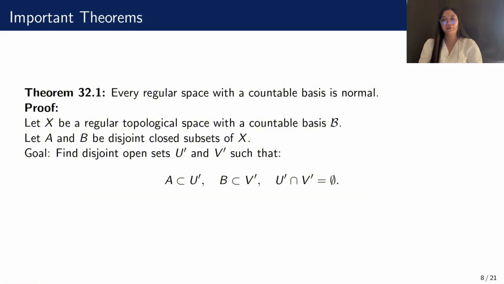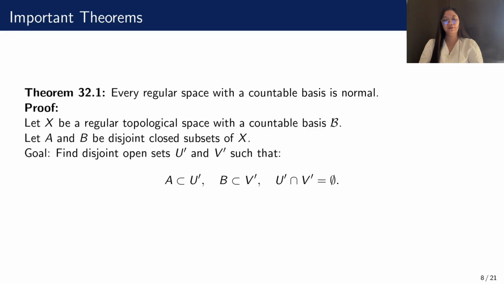As you remember, we have discussed regular space, we have discussed countable basis, and we also discussed normal. So now it is easy for us to prove this, because we already know the concepts.